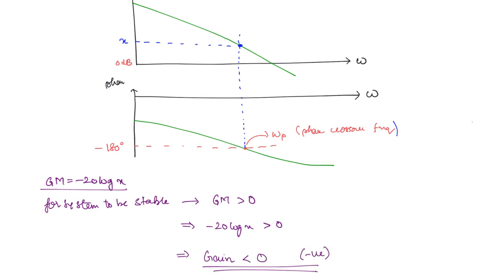Only then will the system be stable. So here, if you can see, x is positive because 0 dB is here. Since the gain is positive, minus of that gain is going to be negative, meaning we have a negative gain margin, meaning that this system is unstable. Okay, so this is how you will get the stability information from the Bode plot.